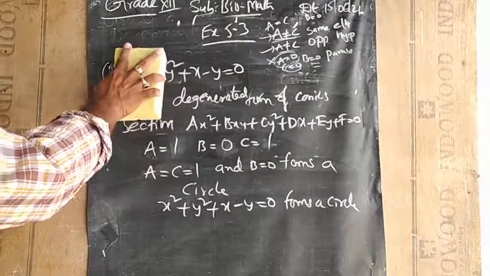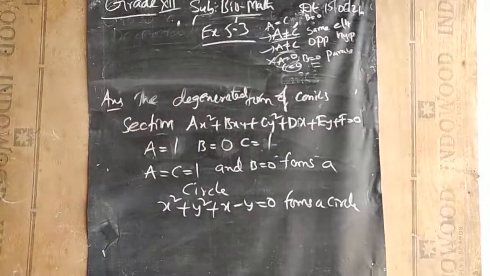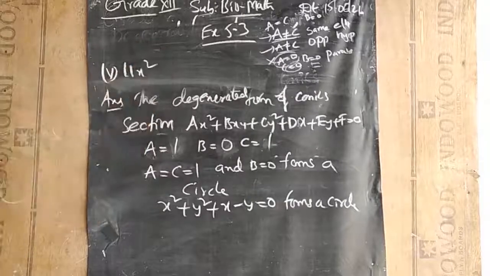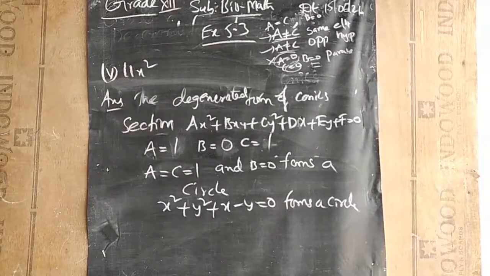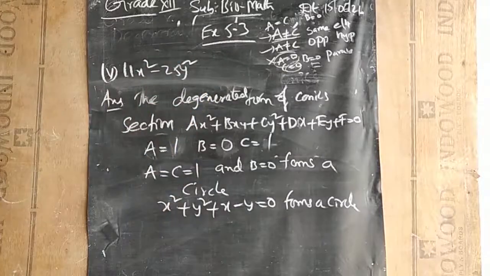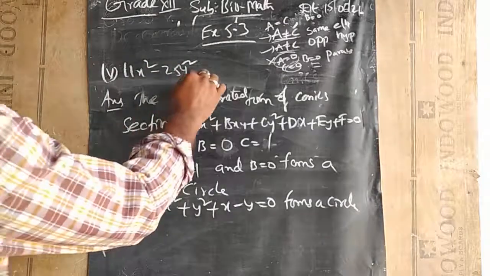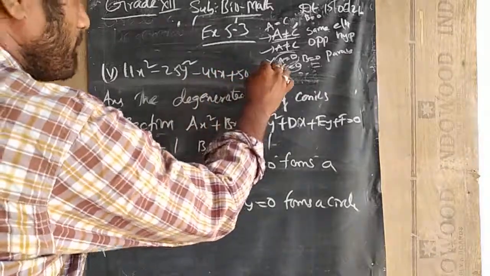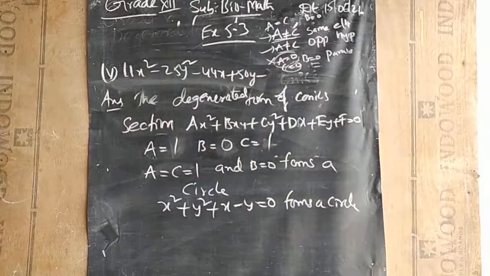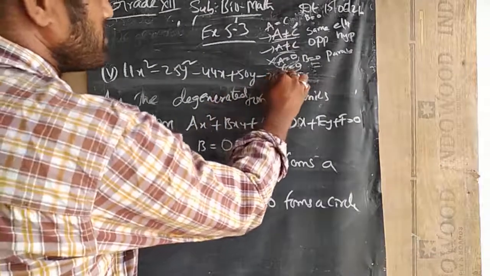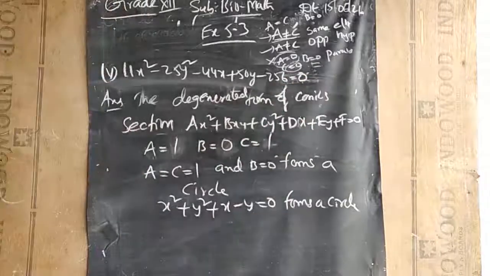Let us see the fifth question. The question is 11x square minus 25y square minus 44x plus 50y minus 256 is equal to 0.